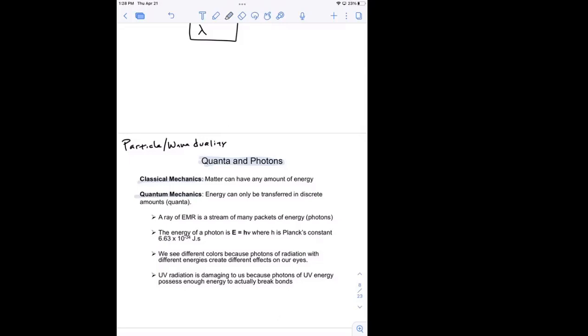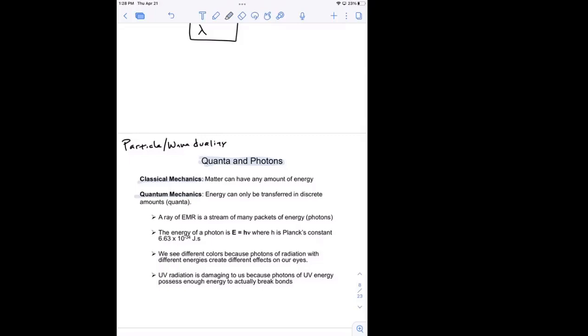All right. So when we think about a ray of light or a ray of electromagnetic radiation, because sometimes when we think light, we're just thinking about light that's in the room. But electromagnetic radiation can be infrared, it can be UV, it can be visible light, it can be gamma rays, it can be X-rays. So all these different types of EMR exist, and they all have specific energies.